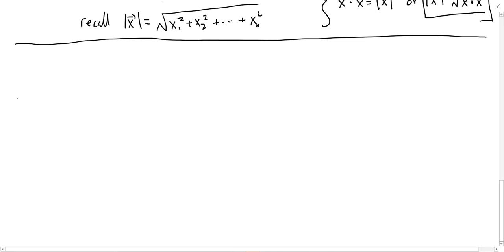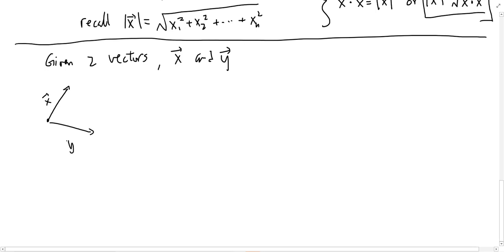So imagine the following. Let's say we're given two vectors, vector x and vector y. If I simply form them right here, so let's say we have vector x, and let's say we have vector y, then it definitely forms some kind of angle in between the two.